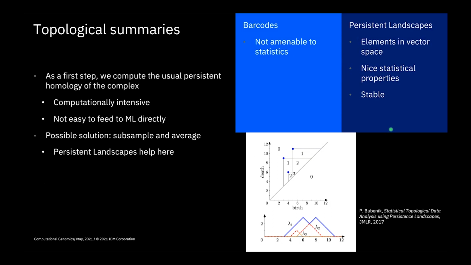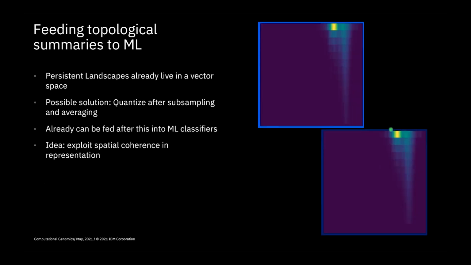Then for each one of the subjects, once we got their subsample average, we vectorize them. We just quantize everything.